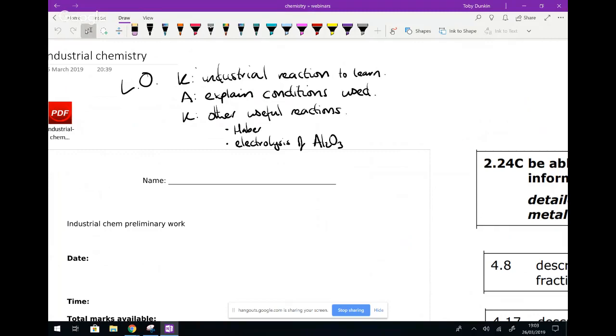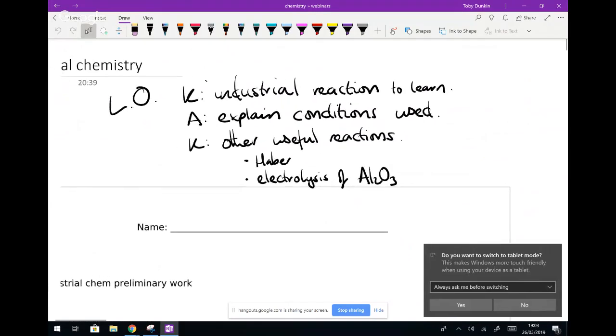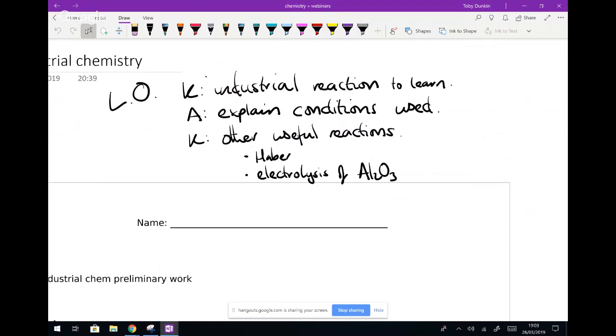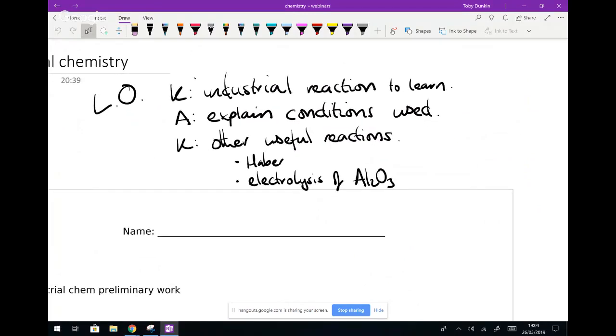Right, okay. So my usual thing in terms of learning objectives. I do also want to mention a couple of understands in there as well, but the key things really here for industrial chemistry is making sure that you guys are aware of the exact facts that you're going to be asked to quote in your GCSE exams and the ones they can definitively ask you about.